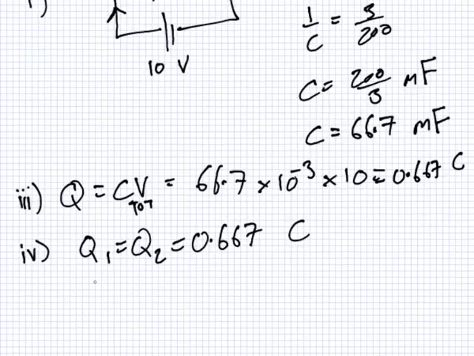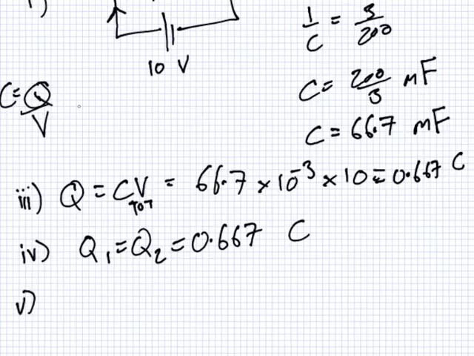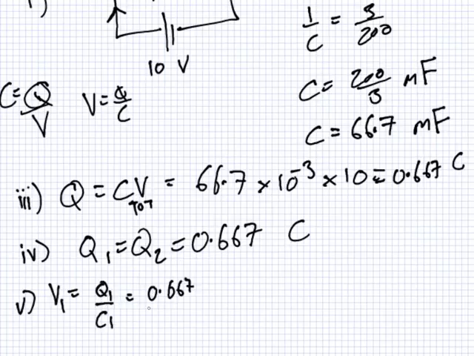Right, the voltage part is a little bit more interesting because if I use C equals Q over V, that means V equals Q over C. So V1 equals Q1 over C1. That's 0.667 over, what was C1? 200 milli. So that's 0.200.